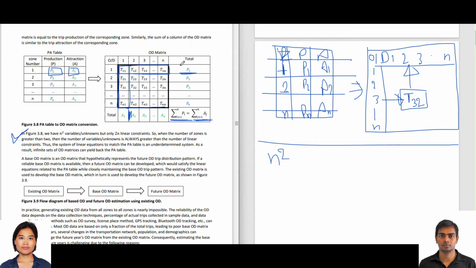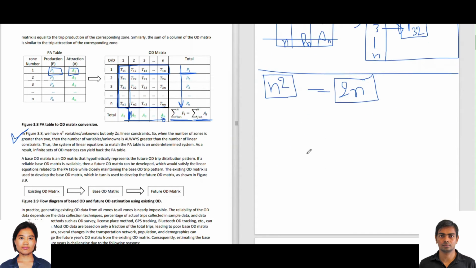The known values are given in this last row and last column. So the number of known values is equal to 2n: n numbers in this column, n numbers in this row. That's all we know. We know 2n data values, and we are trying to predict n square numbers such that these 2n values are matched.